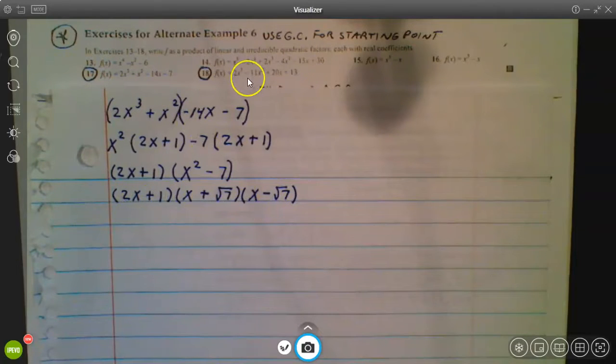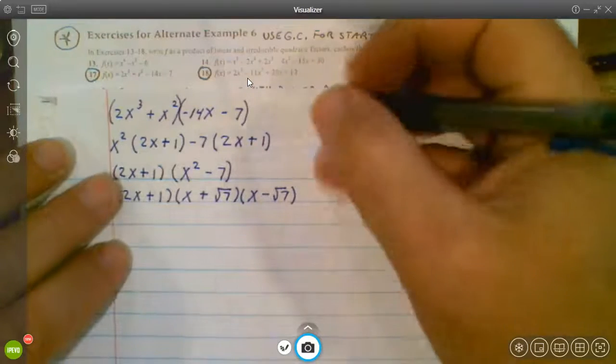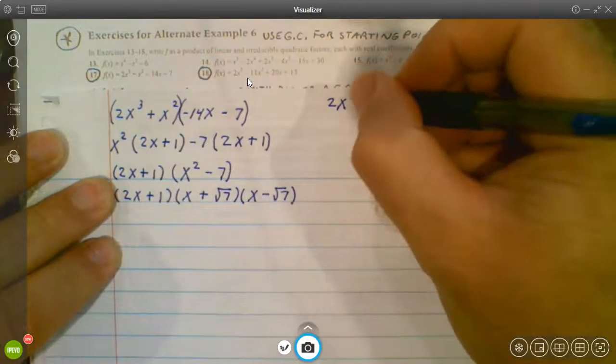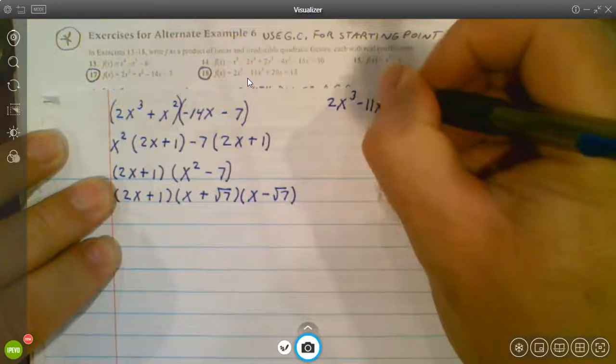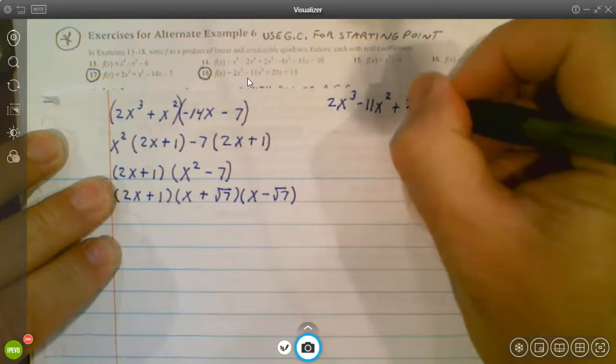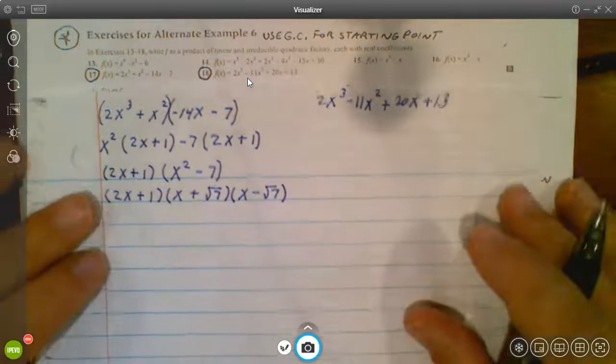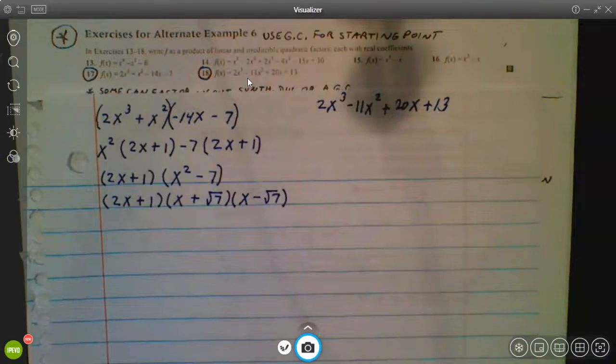So let me take you over to one last problem. I'm going to write it since it's a little unclear. So here we go. If I were to try to factor this one by grouping, I already know by the numbers it's not going to work out. I'm not going to be left with a common factor.